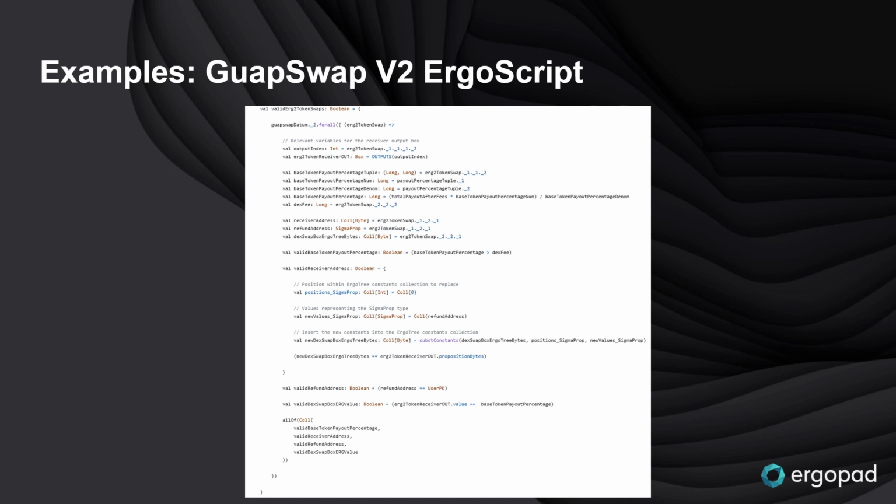The important takeaway from this is not how GWAP swap works exactly, but how to write more complicated propositions, and more advanced global methods that let you do more complicated things, like substitute constants.